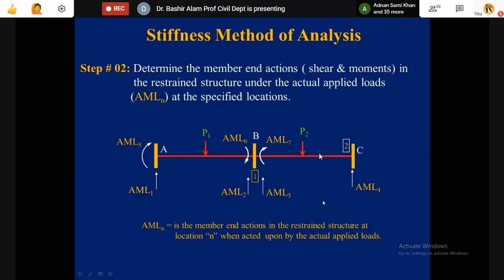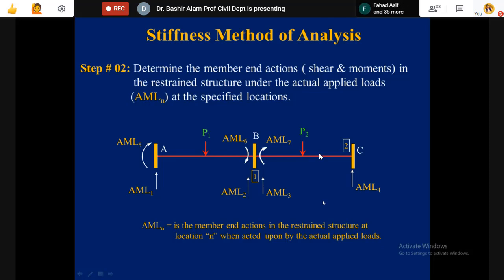Remember, it is exactly the same as in the flexibility method, but there it was coming from the analysis of the released structure, but here it is coming from the analysis of the restrained structure, and those member end actions are becoming these values.